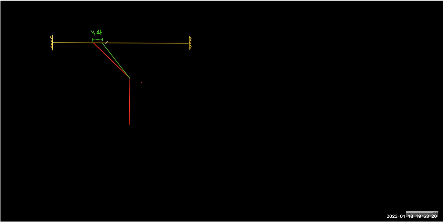So when this goes from there to there, how much string will it lose? You can check here, it is this much. This much you only release. Because this angle is theta, how much do you release? V1 dt cos theta, right?